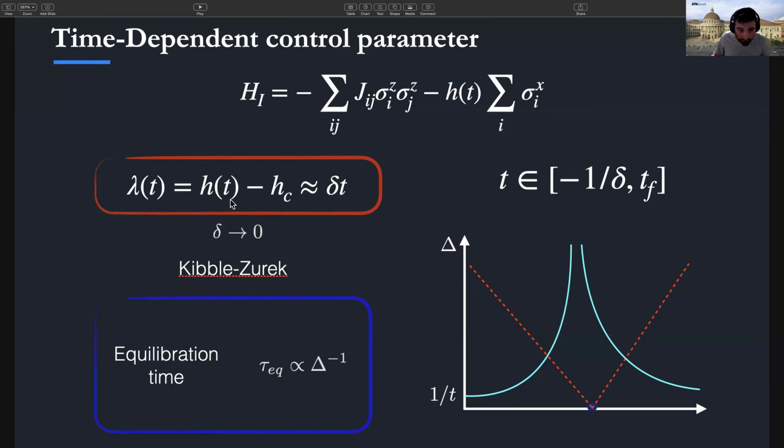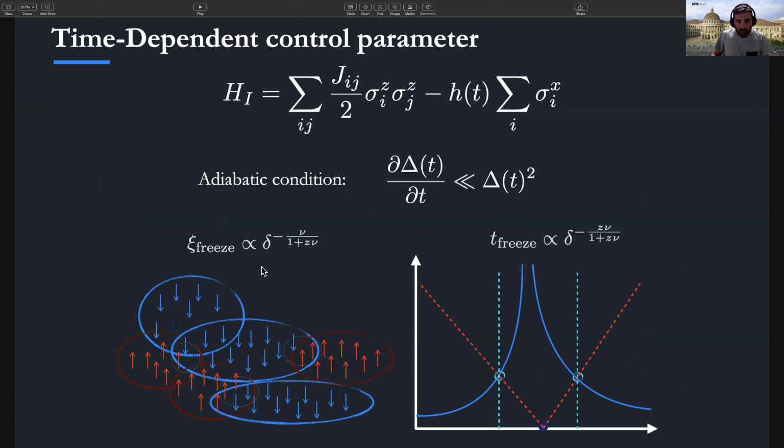So the idea is that the control parameter is far into the ferromagnetic phase, and then it crosses the critical point and it goes into the paramagnetic phase when the time reaches its final value t_F, and I will discuss what happens as a function of t_F basically.